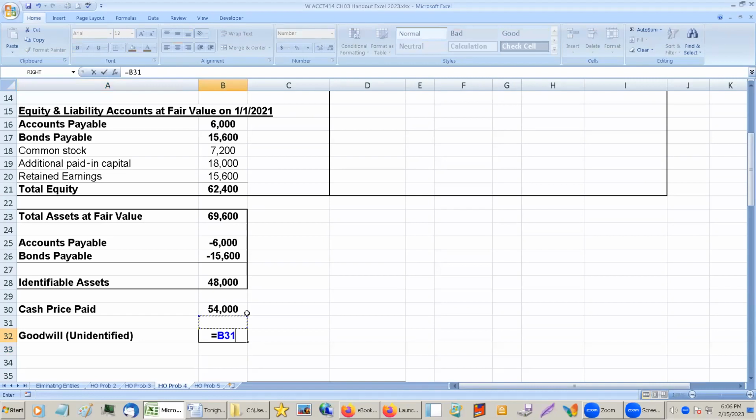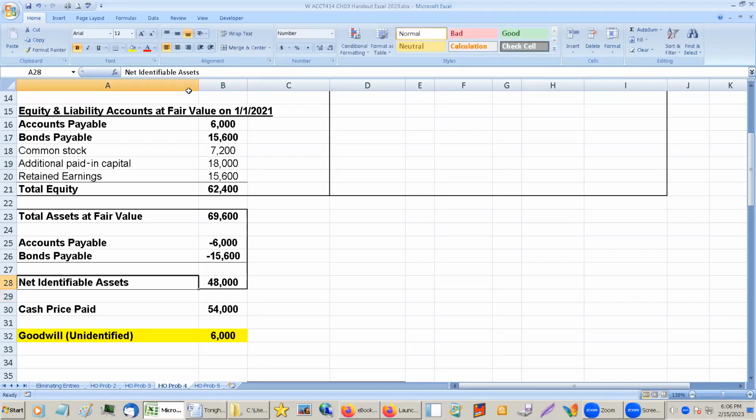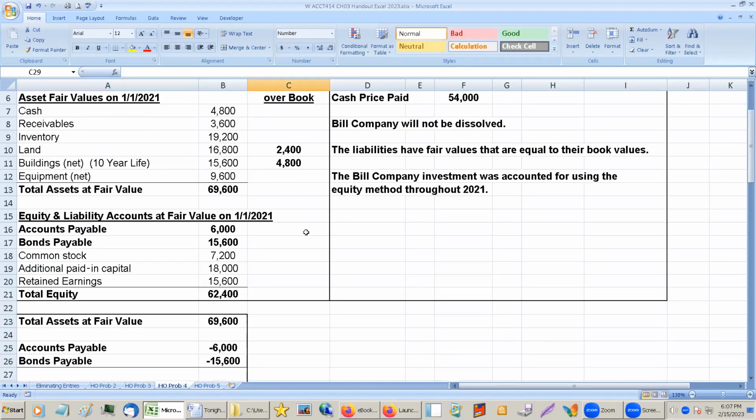I don't know what to call it, but it bothers me that they say it's unidentified and then they call it goodwill. Regardless, net identifiable assets is a more accurate way to put it. 48,000, we paid 54, so we must have 6,000 in goodwill.